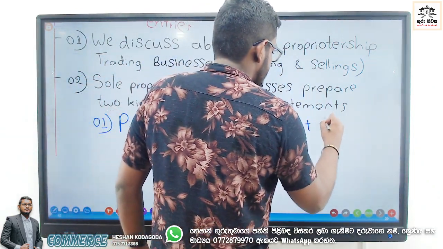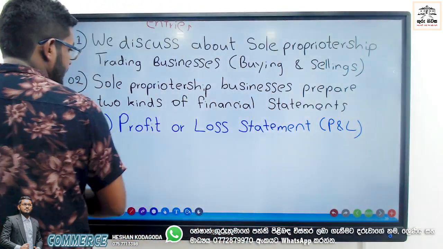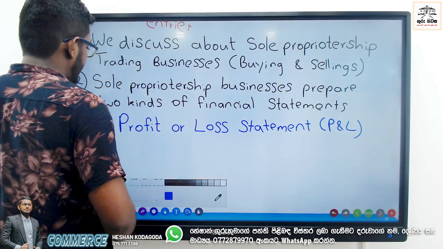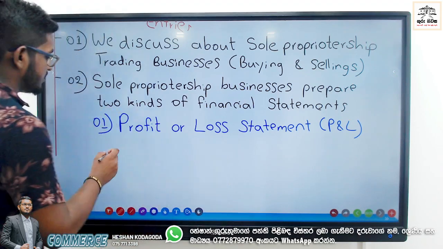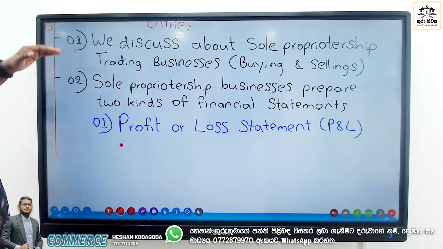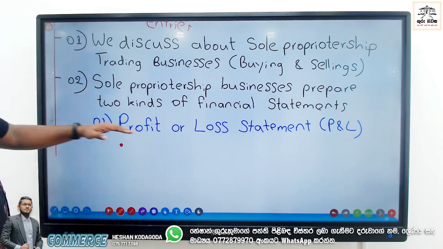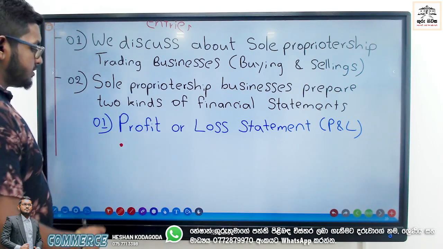We call it the P&L. Under that, I'm going to write a few more bullet points. There are two main bullet points under the P&L.